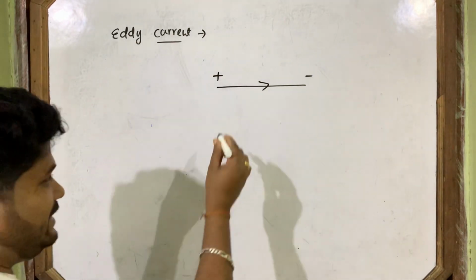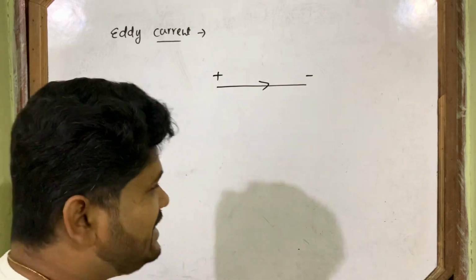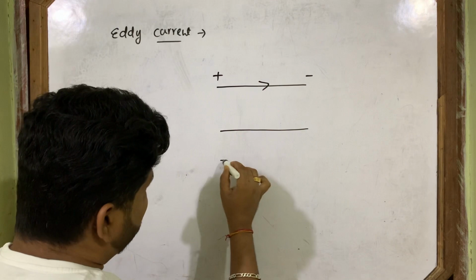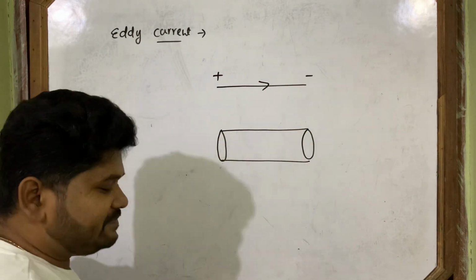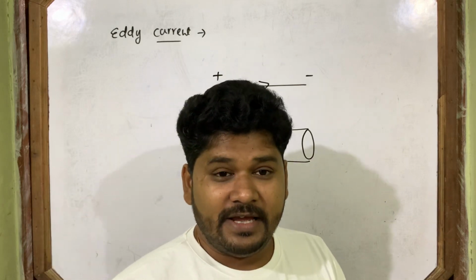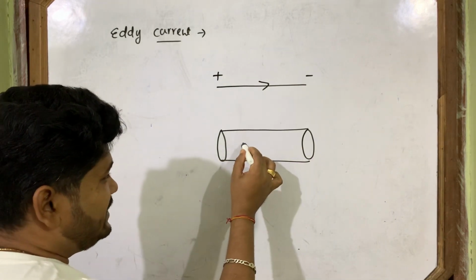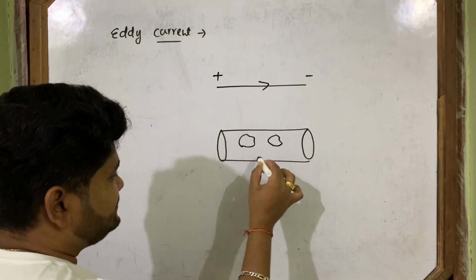This is a conductor, but I have drawn a thin conductor. Let's magnify the figure of this conductor. Suppose this is the conductor. Then you will be astonished that the current flows in this conductor like this, like this, like this.